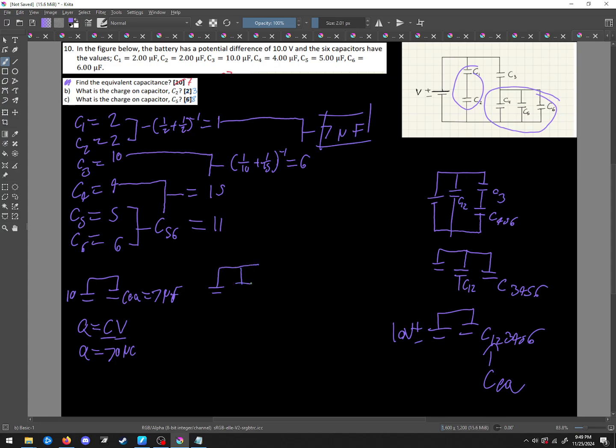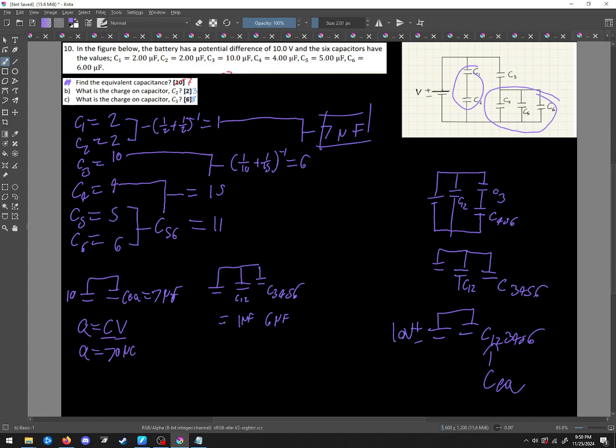Now we're going to have C1,2 and then the equivalent here, C3,4,5,6. C3,4,5,6 is going to be 6 microfarad. C1,2 is 1 microfarad.